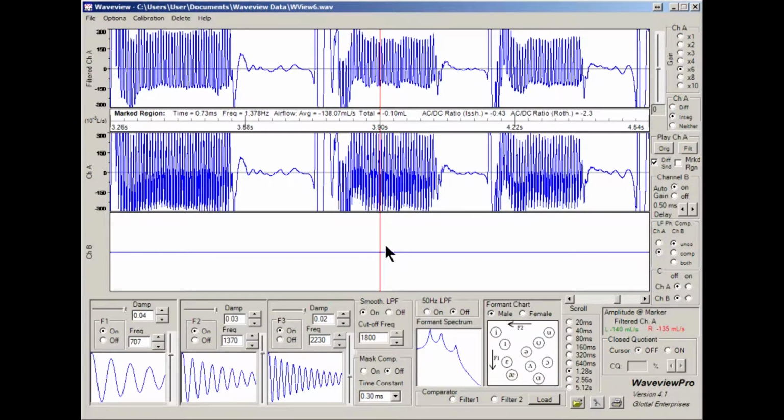And again, we can see this is the closure period, and then you have the explosion, and the aspiration, and then a period of steady state vowel here.